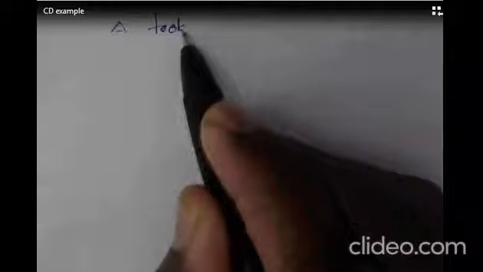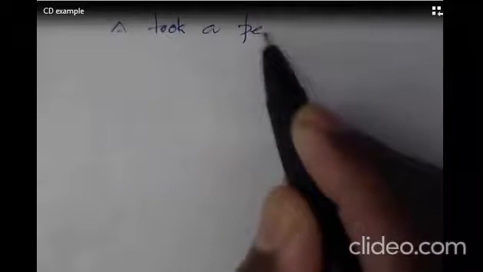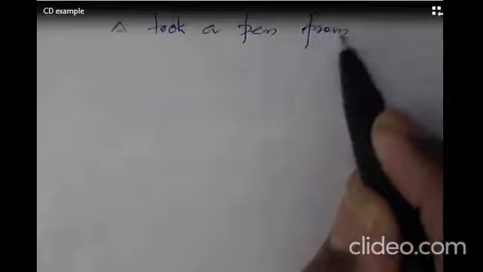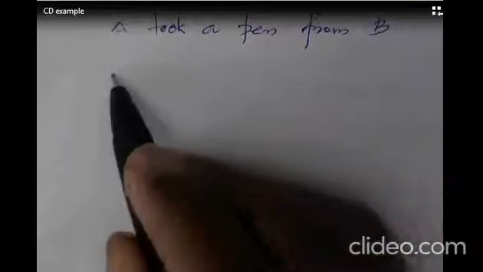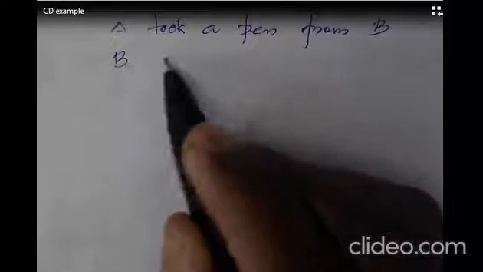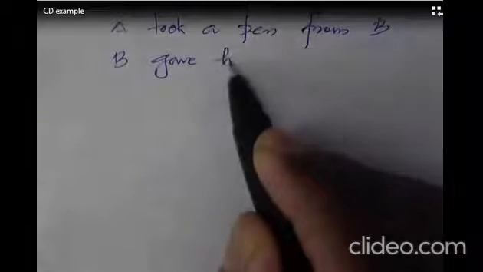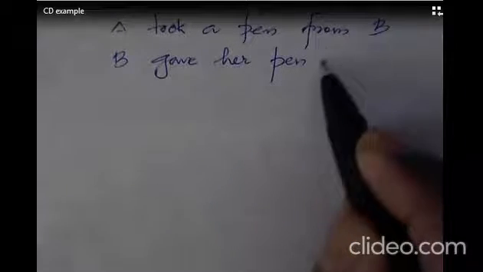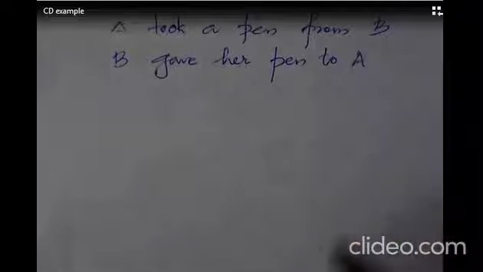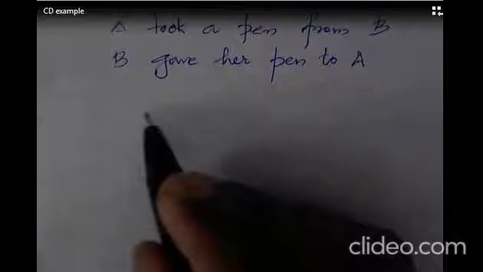Let the first sentence be A took a pen from B. And the second sentence is B gave her pen to A. So these are the 2 sentences having the same concept, where A and B are the agents and pen is the object that is being transferred between them.